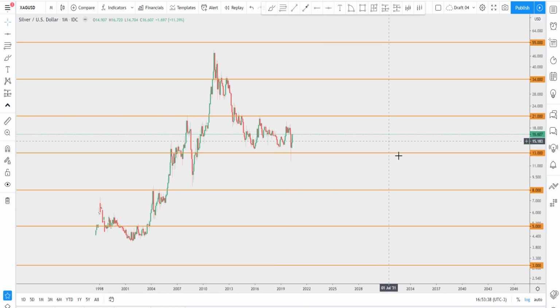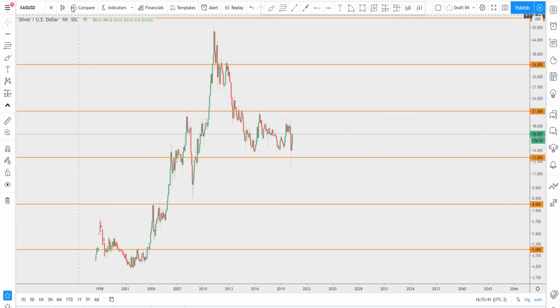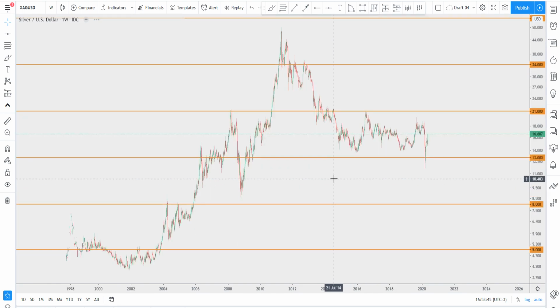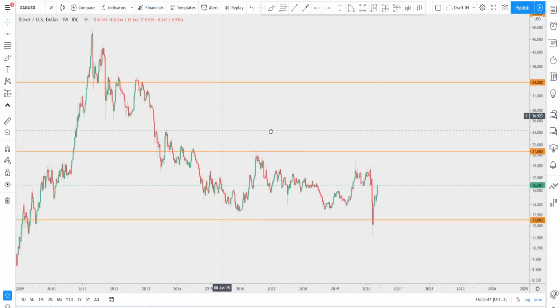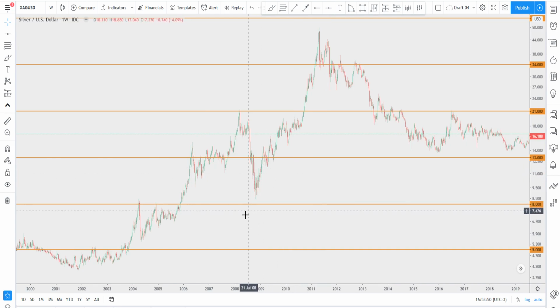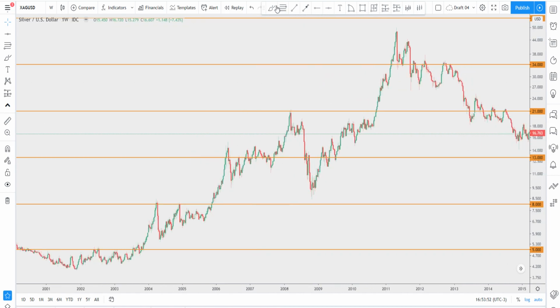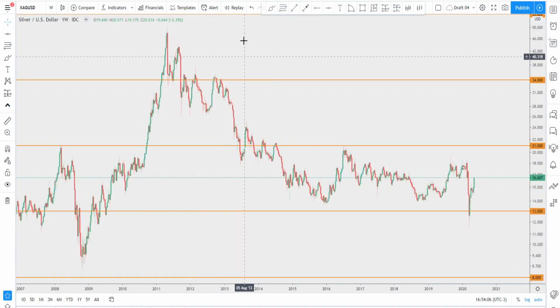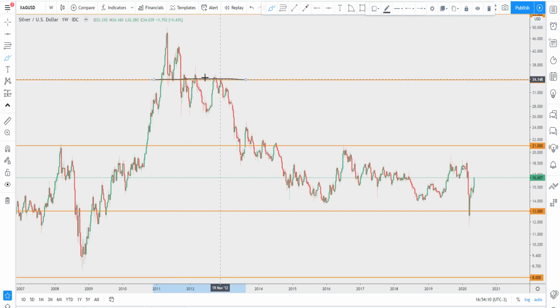So okay, let's take a look here on the weekly. Okay, so first things first, our previous bullish continuation structure from the 2004 or 5. Okay, and here we had our bear range.